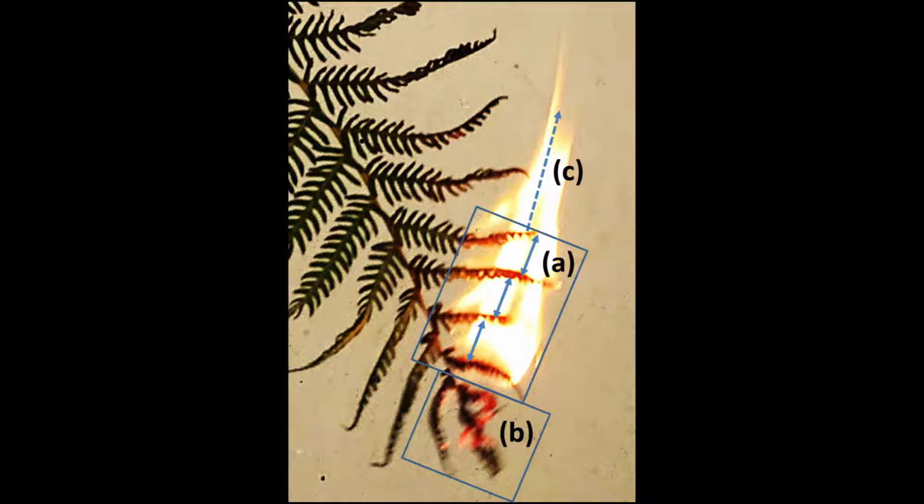The area B shows us leaves that have already burned, but they have now extinguished. Now the flame duration of those leaves was again determined by traits of those leaves. Now I'm saying leaves, but these are all leaflets, all parts of a compound leaf.